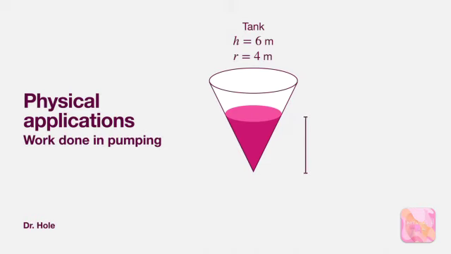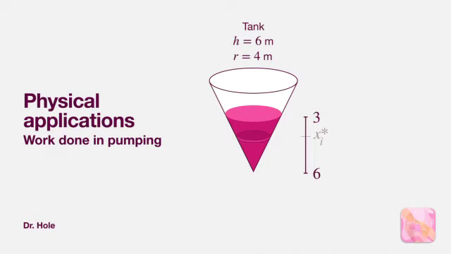Then we also need to specify the depth of the water. The overall depth would be 6, and then suppose that the depth of the surface of the liquid is 3 meters. All right, so that's the setup, and that's enough information for us to go and compute the work required to remove all the water from the cone.